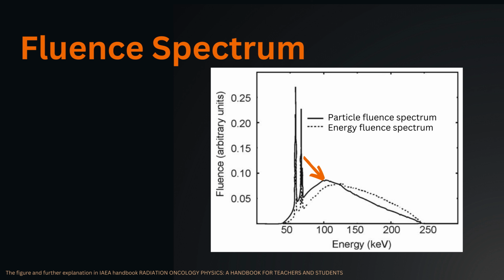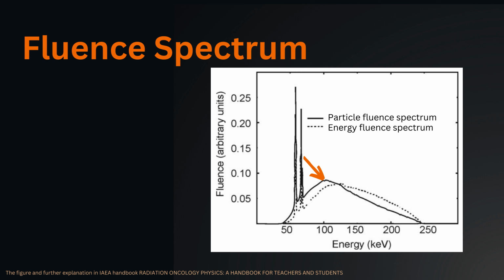This curve tells the number of photon particles with specific energy that cross a sphere with cross-section dA. For example, the number of photon particles that has 100 kV is higher than the number of the particle with 200 kV. The energy fluence is the number of the particles multiplied by their energy.